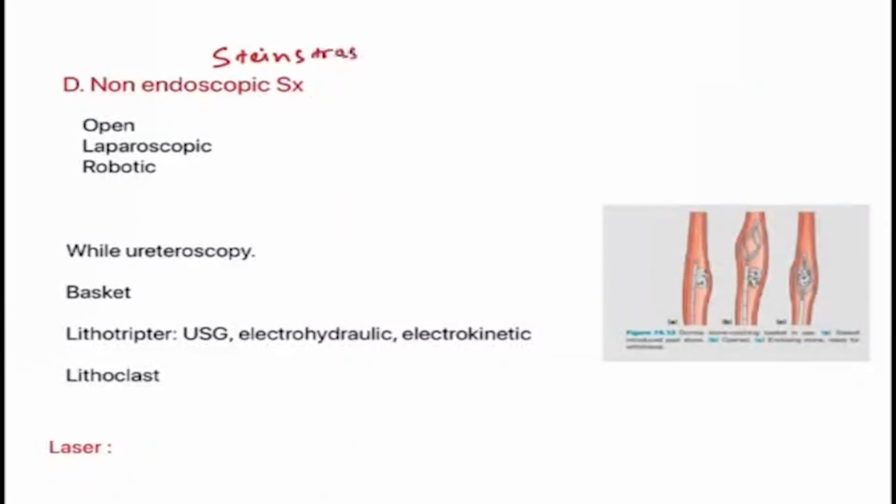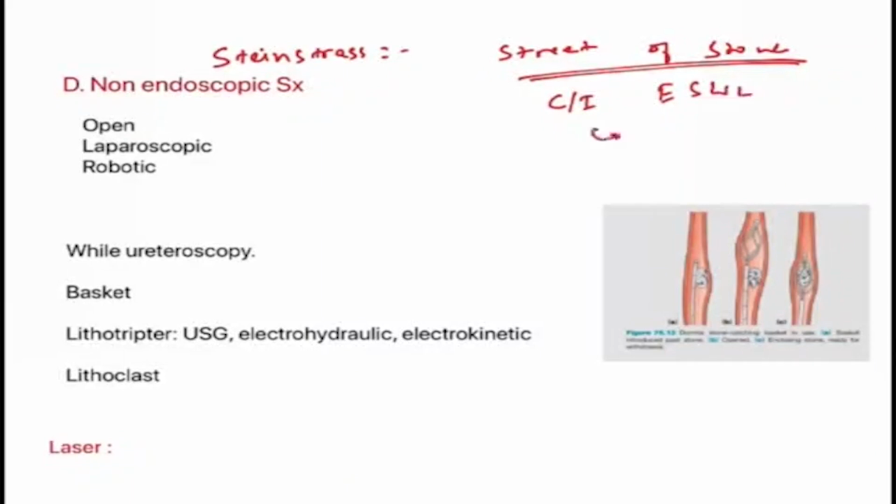There is a term called Steenstrasse, which is the street of stones. This is when there are multiple small stones in the urinary tract after ESWL. Contraindications of ESWL are that it is not done in pregnant patients and those with hemolytic disorder.